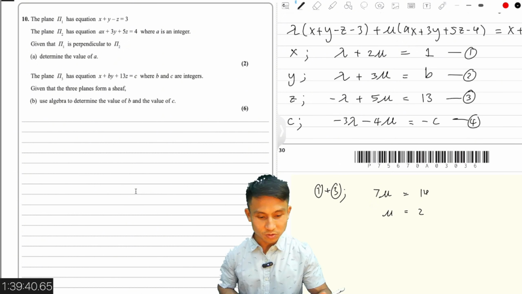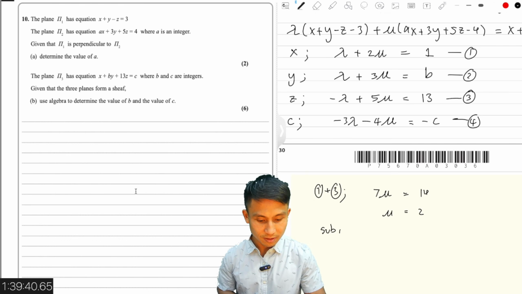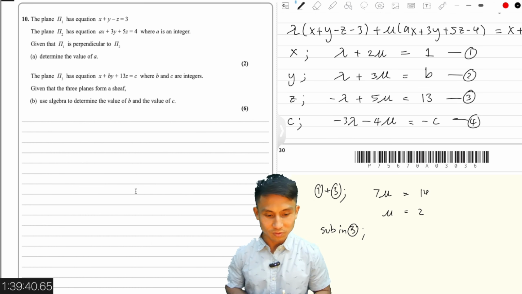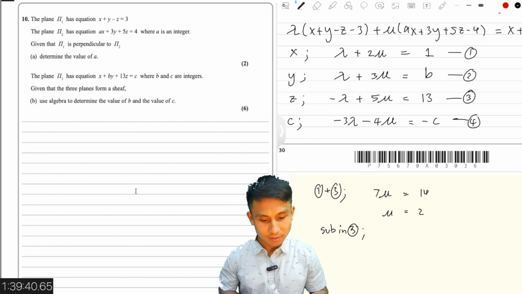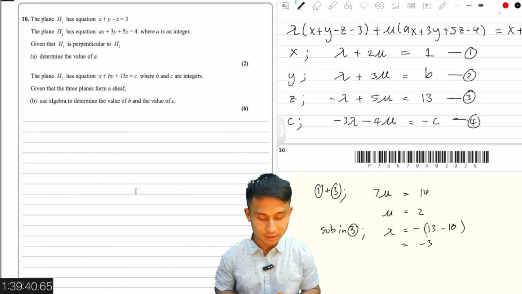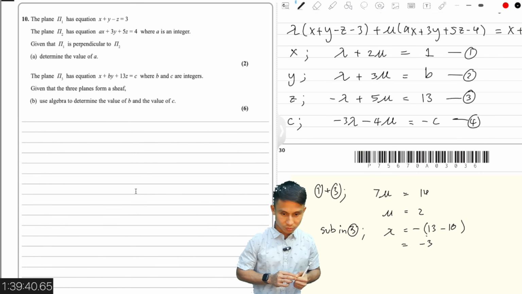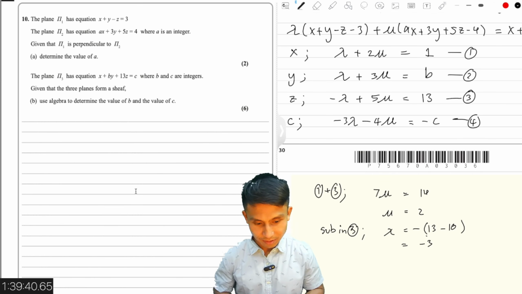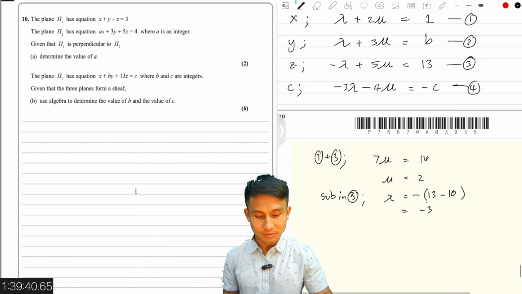If mu equals 2, then if we plug in the third one, well, actually the first one. Well, I'll do the third one. I'm going to get lambda equals 13 minus 10, and then minus 3. So lambda is minus 3.